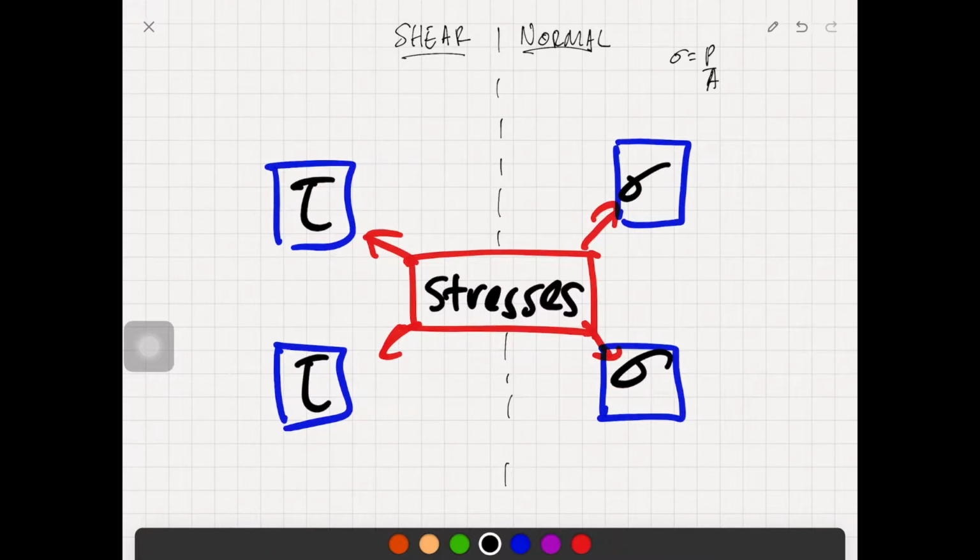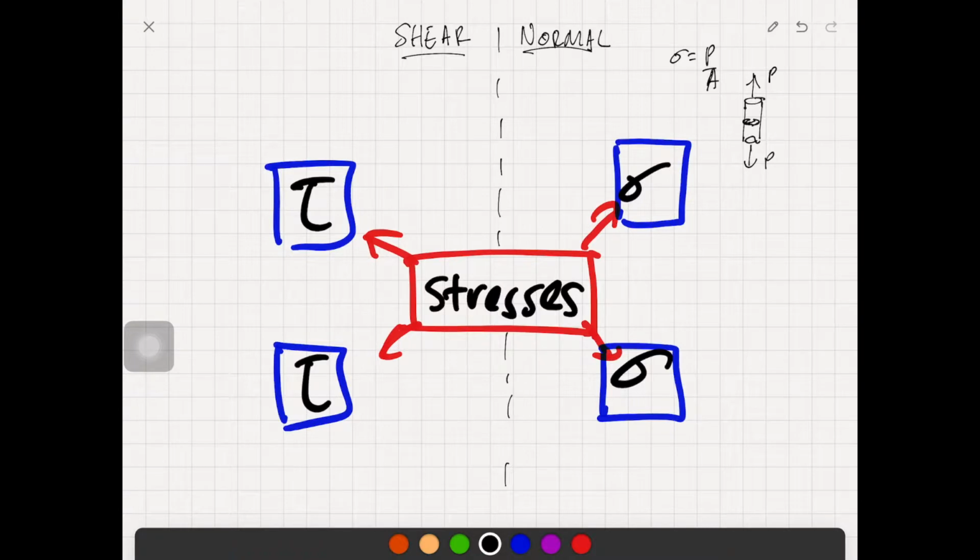If you have a cylinder, the force pulling or compressing it, regardless of the line of force, divided by the area, that is the normal stress that we know of.